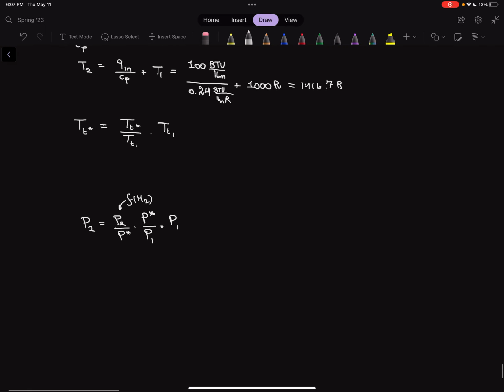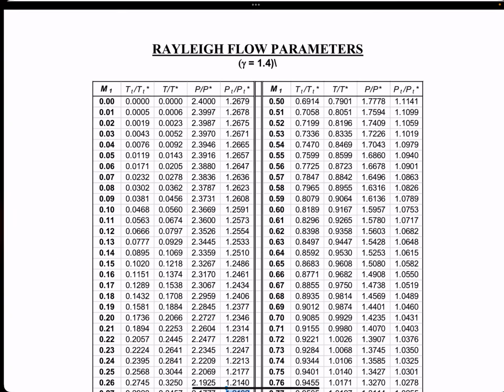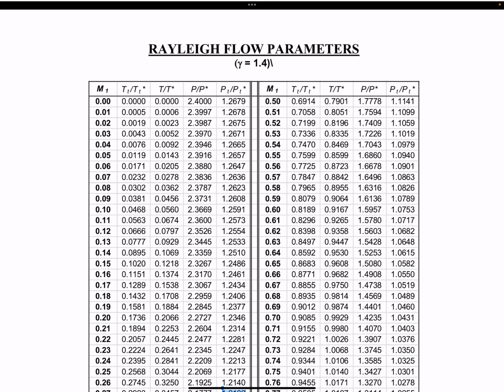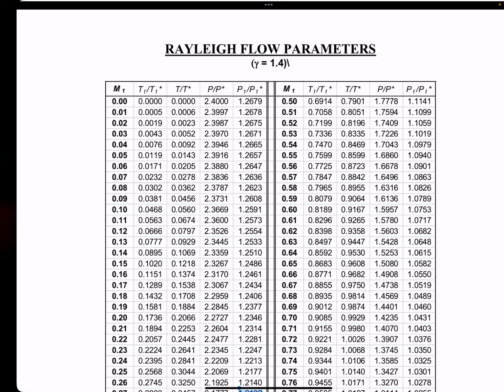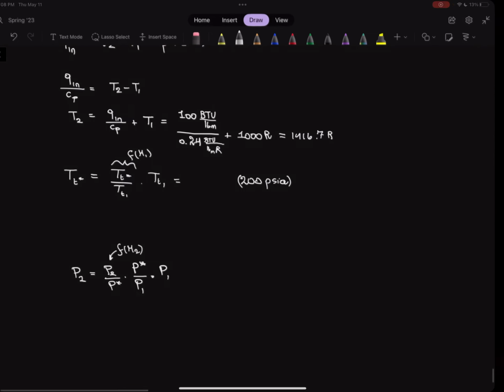So what we're going to do, this, remind ourselves, is a function of the Mach at 1. So this is going to be 200 psia, and this is going to multiply. The initial Mach is 0.5, so we go to 0.5, and we see that that is 0.6914.